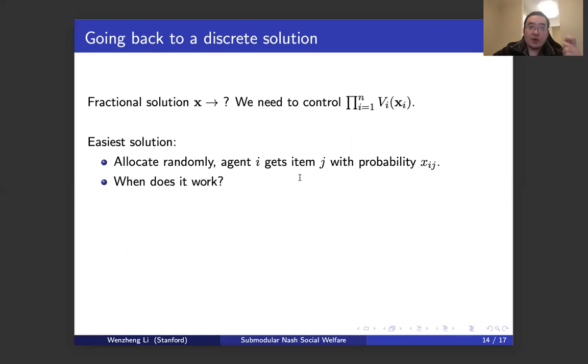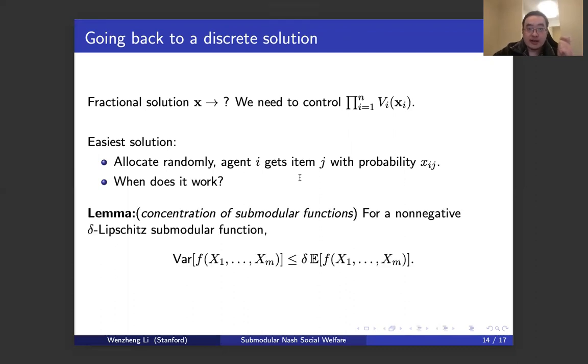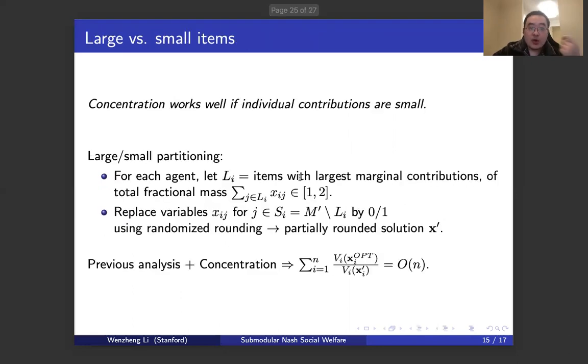We know from a general principle of concentration theory that concentration works if individual contributions are small. Applying that principle here, we can prove that if a submodular function is theta-Lipschitz, it will concentrate. In other words, if the marginal value of each item is small, the randomized rounding concentrates to its expectation. With this observation, the rest of the algorithm is quite straightforward.